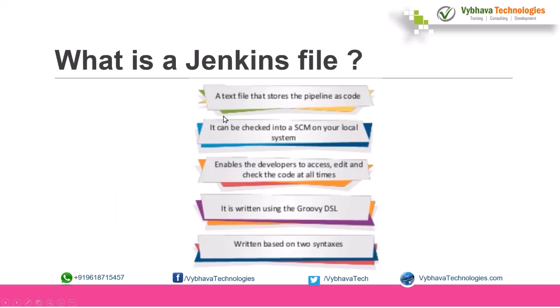So what does it have? It is just a simple text file, and it can connect with the SCM, and then you get the code for the projects, Java-based projects. As a developer, you edit the code, and you can check that code at all times.